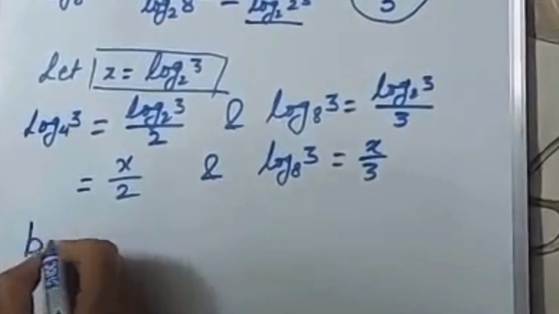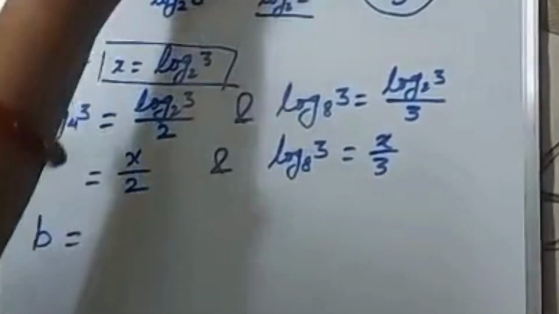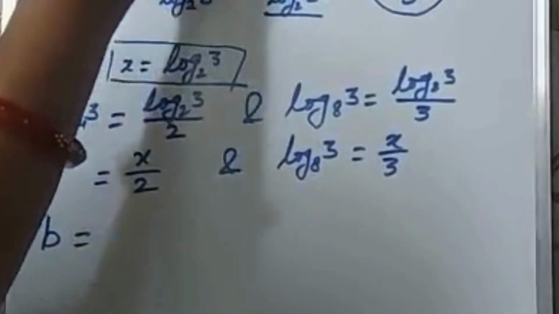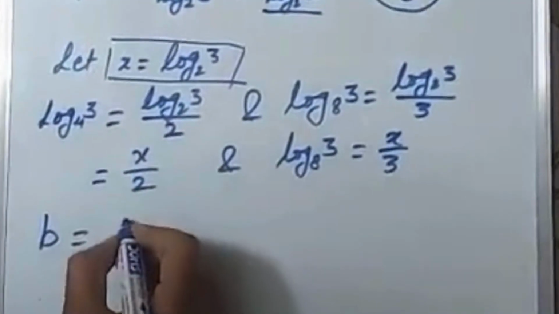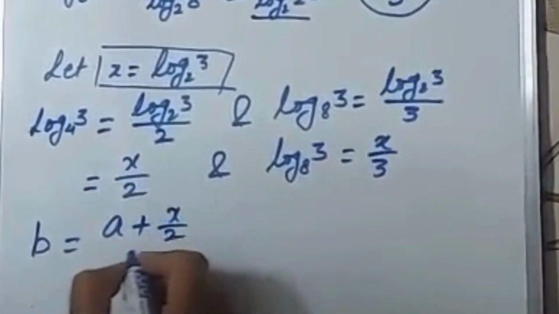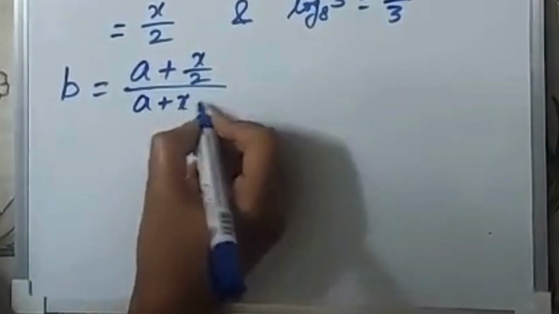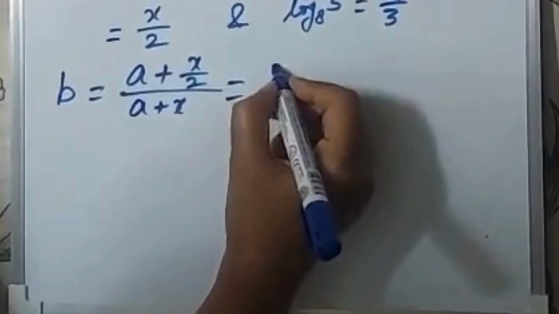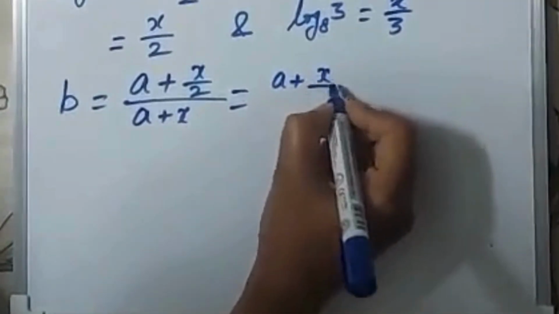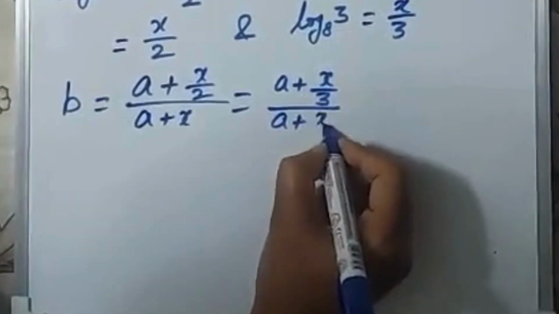So we have B equals, putting these values in this equation, (A + x by 2) by (A + x) equals (A + x by 3) divided by (A + x by 2).